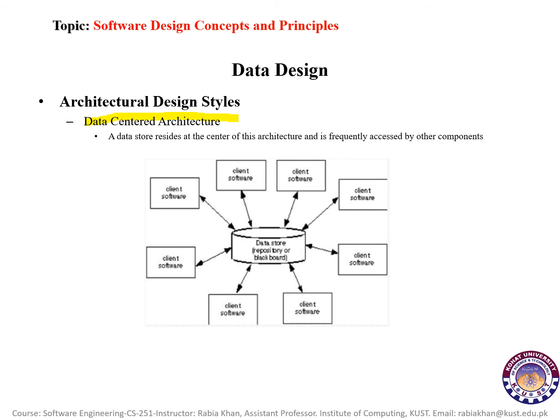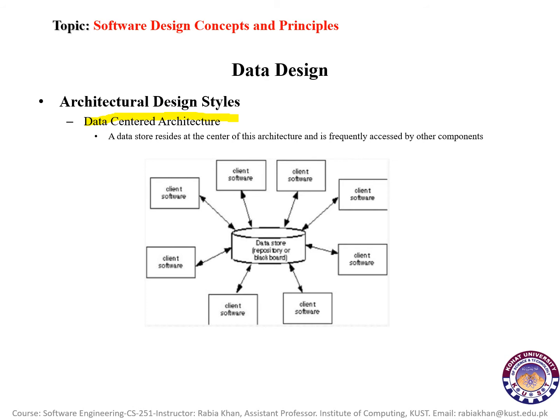A data store, for example, a file or a database, resides at the center of this architecture and is accessed frequently by other components that update, add, delete, or otherwise modify data within this store. So here you can see the figure of this architecture style.